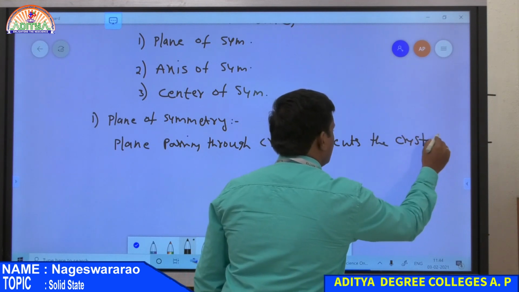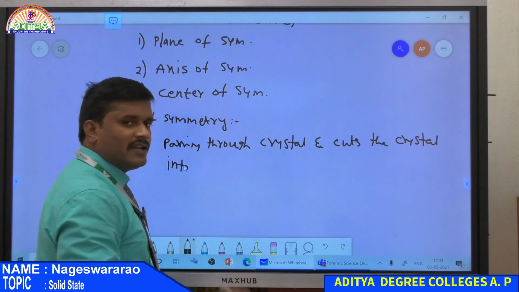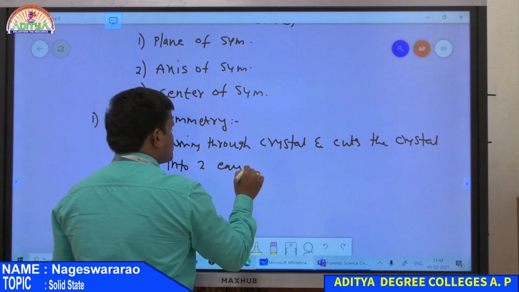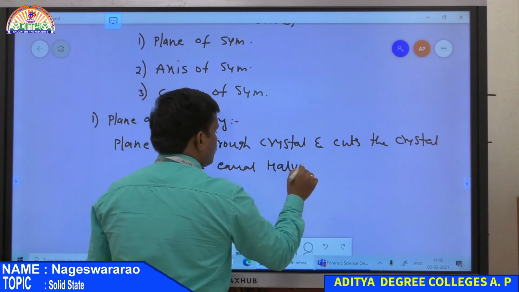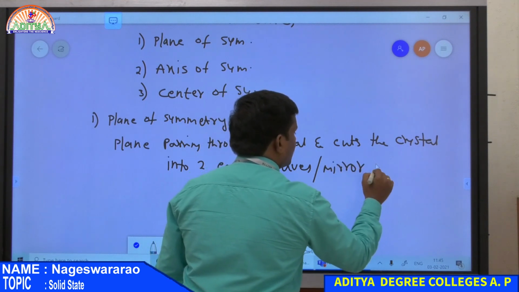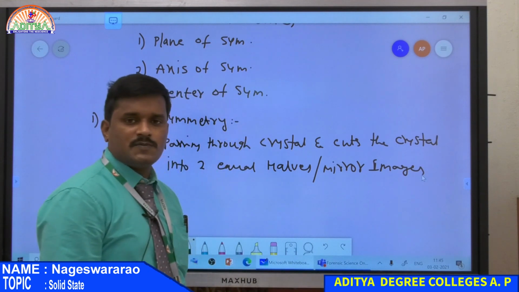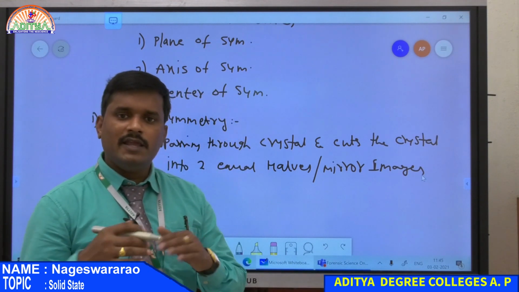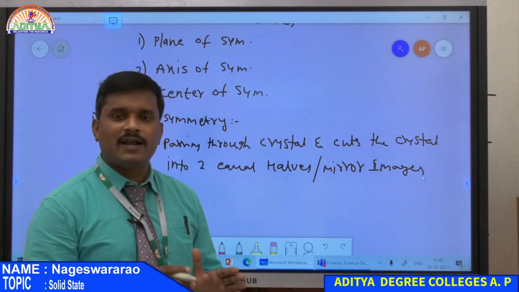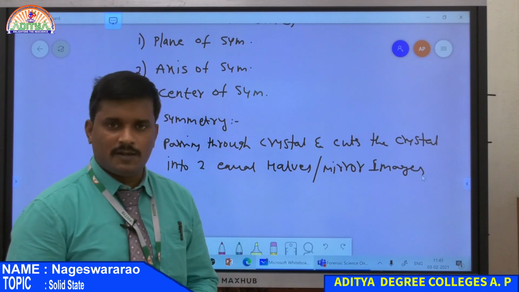Equal halves in this sense means both are mirror images of each other. So any imaginary plane passing through the crystal, if it cuts the crystal into two mirror images, then that crystal has a plane of symmetry.